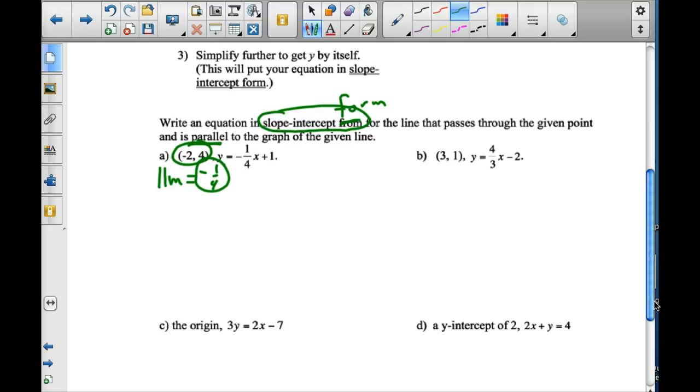y minus 4 equals -1/4 times (x plus 2). Nice. You were given a point and the slope, so I use point slope form. Now we have to solve that thing for y. We're going to manipulate it and put it into slope intercept form.